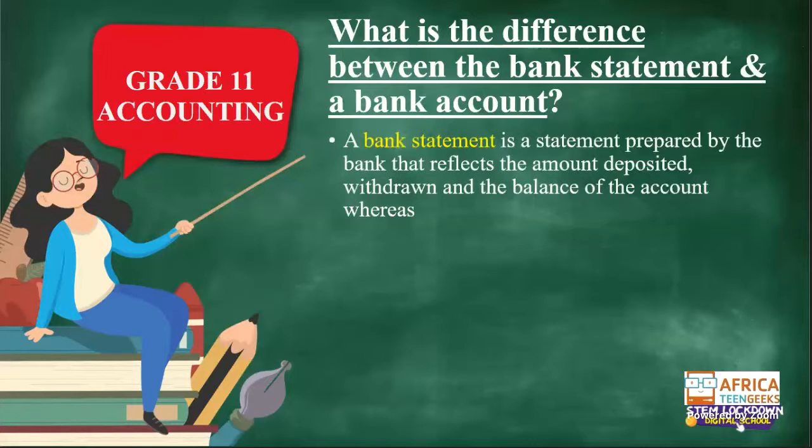A bank statement is a statement prepared by the bank. It reflects the amounts that are deposited and withdrawn, and also the balance. To get the statement, one must go to the bank and print it out. On a statement, you'll see the money that was deposited into your account, the money that was withdrawn, and the balance that you are left with.